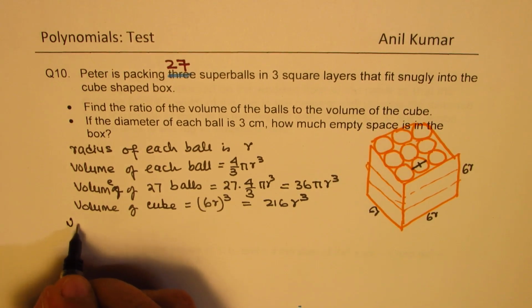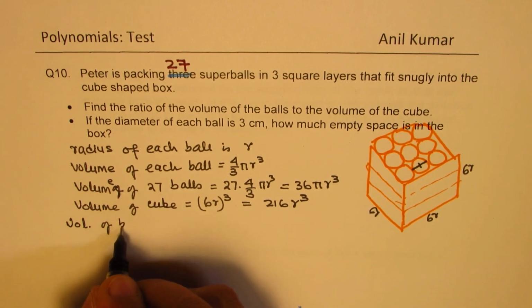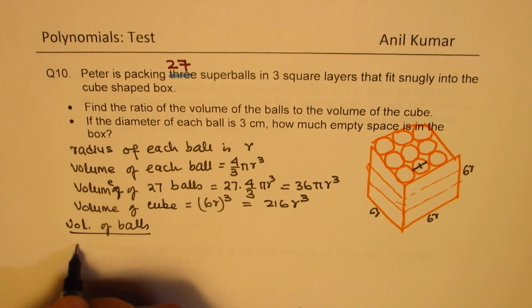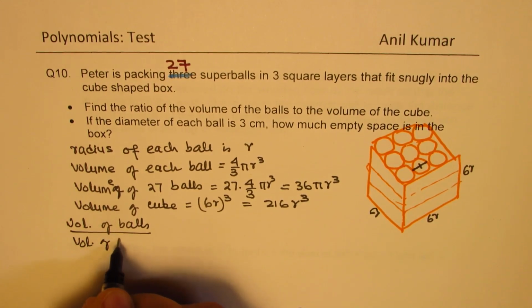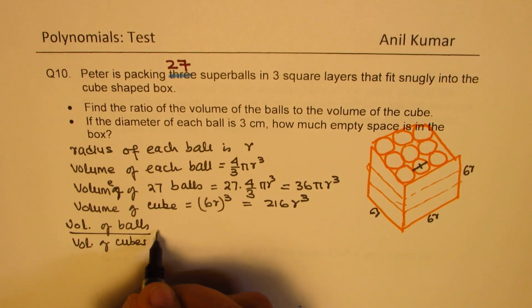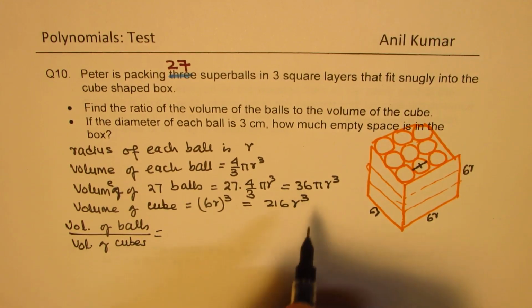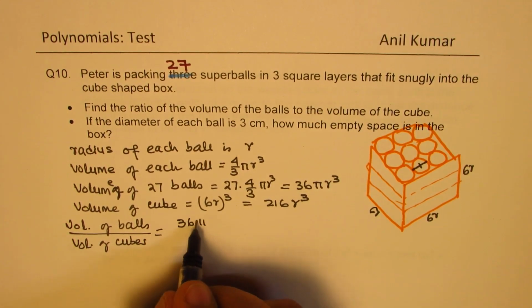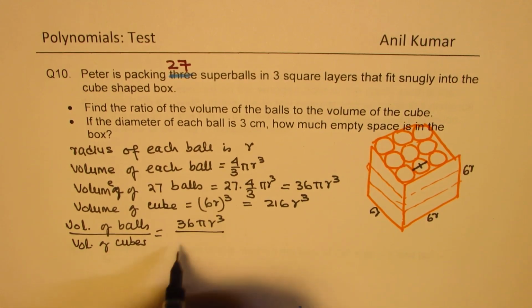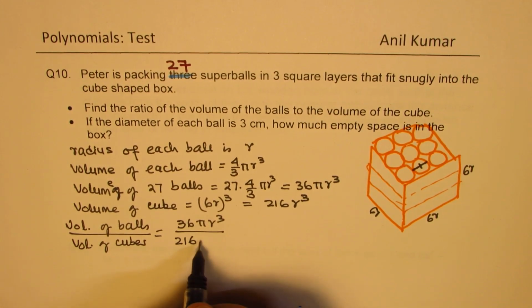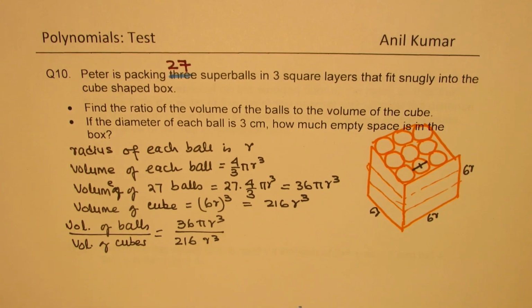Now we need to find the ratio of volume of balls to the volume of cube. So the ratio volume of all the balls, right, to volume of cubes. That is 36 pi r cube over 216 r cube.